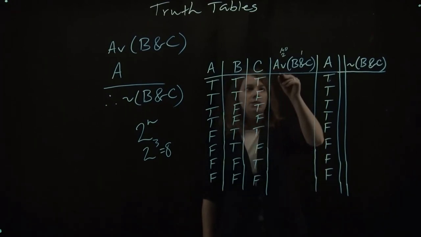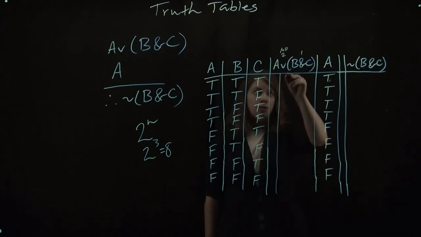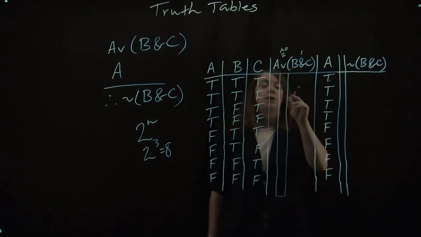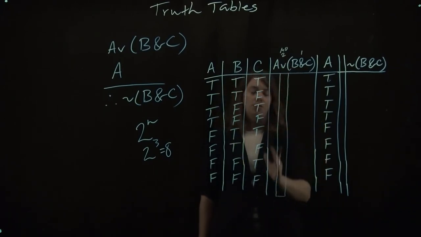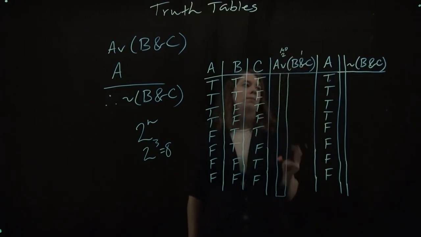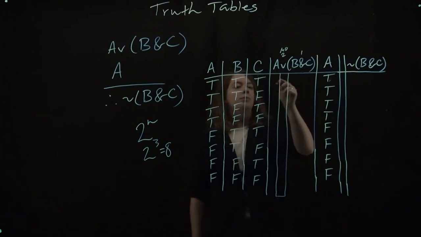Okay, which is our final column. And again, as I said in the last video, I think it's a good idea to mark off for your own purposes that this wedge is the column that's going to give you the final value for this whole premise. Okay? So let's go ahead and plug in the relevant truth values here.